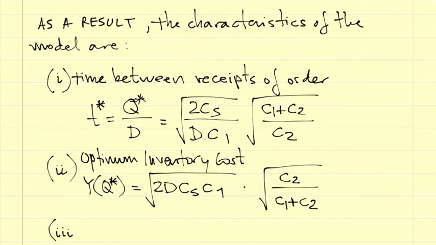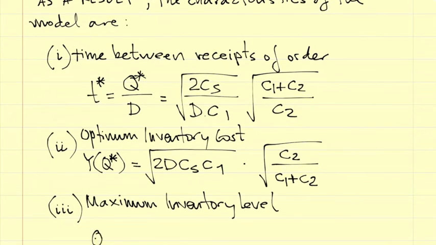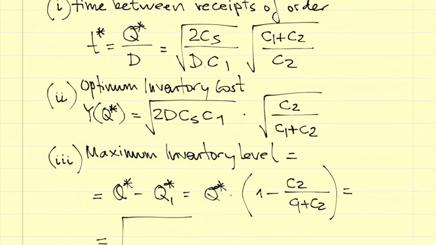And the maximum inventory level is Q star minus Q1 star, and this is equal to Q star times 1 minus C2 divided by C1 plus C2, equals 2CSD divided by C1 times C2 over C1 plus C2.